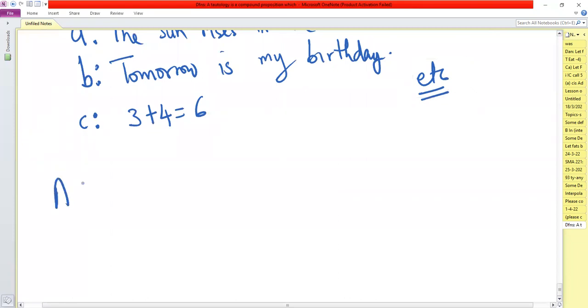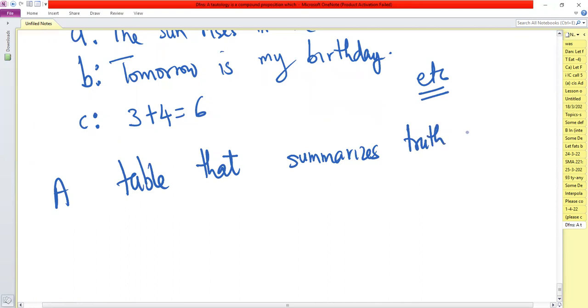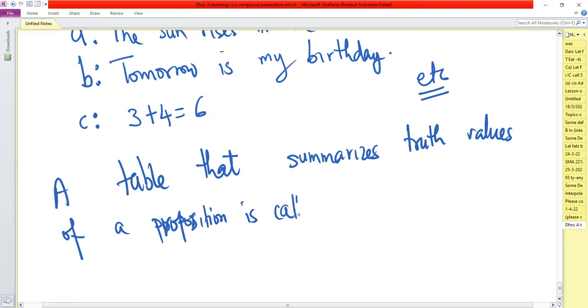So a table that summarizes truth values of a proposition or statement is called a truth table.